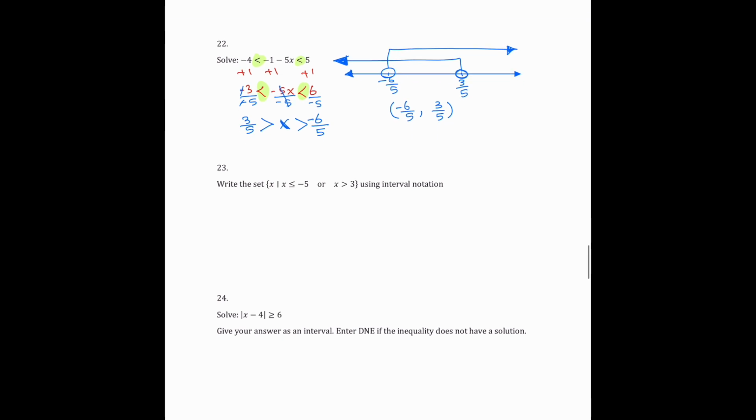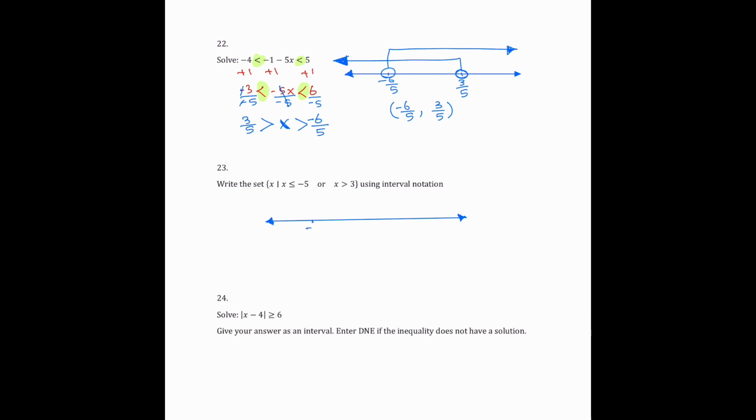Number 23, we have a set which has x such that x is less than or equal to 5 or x is greater than 3. We need to represent it in interval notation. The best way to do that is to sketch it on an open number line.